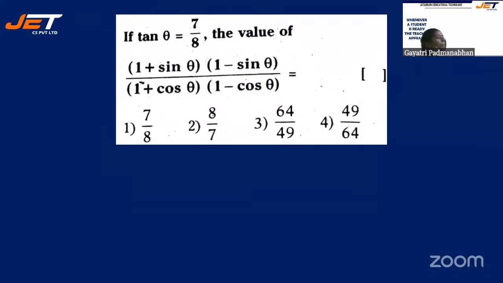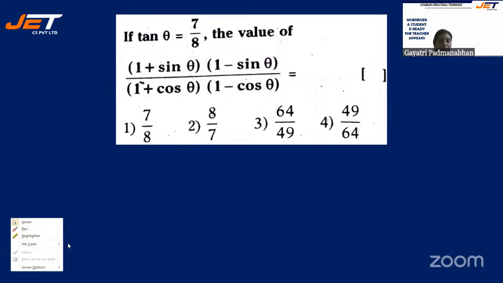All right, so probably with this sum we'll end up today. Tan square theta is equal to 7 by 8. Find the value of 1 plus sine theta into 1 minus sine theta by 1 plus cos theta into 1 minus cos theta. All right, now what is A plus B into A minus B? A square minus B square.